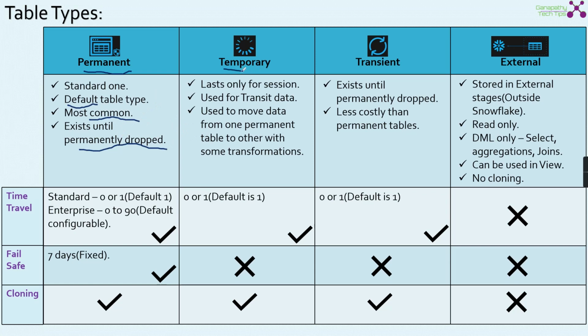Moving on to the temporary tables. Temporary tables are a pretty tricky and interesting feature to understand. It lasts only for the specific session. Meaning, if I terminate the session or log out from the specific session, whatever tables are defined as temporary will be dropped automatically.